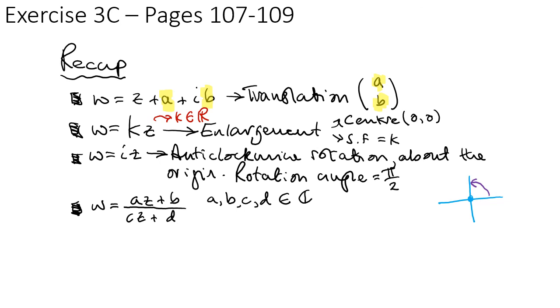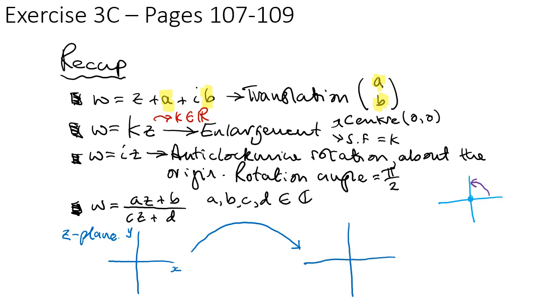So in all of these types of questions, we start with the Z plane, which we label as x and y. We have this transformation, and it can be one of these 4 transformations up here, and it does a transformation to the W plane, which we label as u and v.